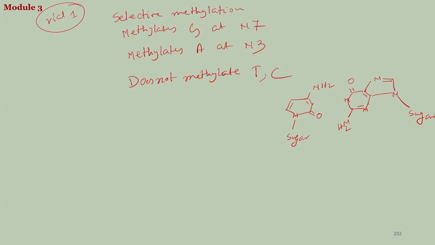NH double bond N, correct. Here is your sugar, and this is your N7. This is N7. So, this nitrogen would be methylated by the methyl, and this will be plus.